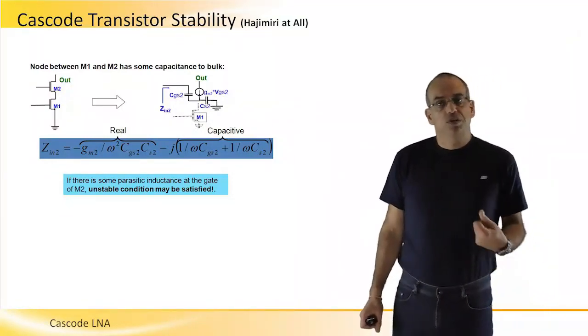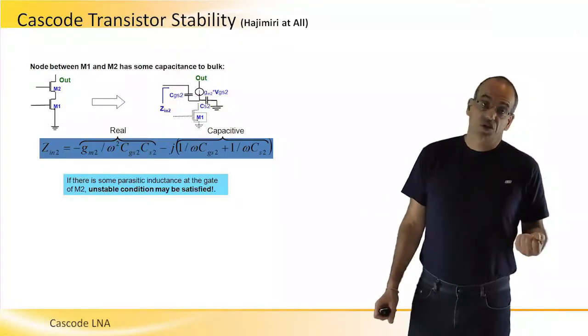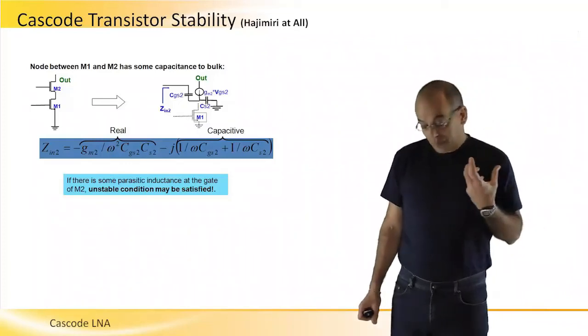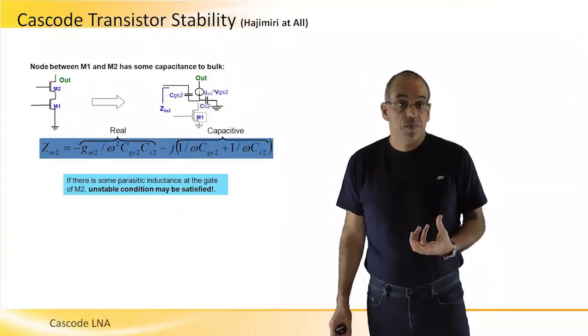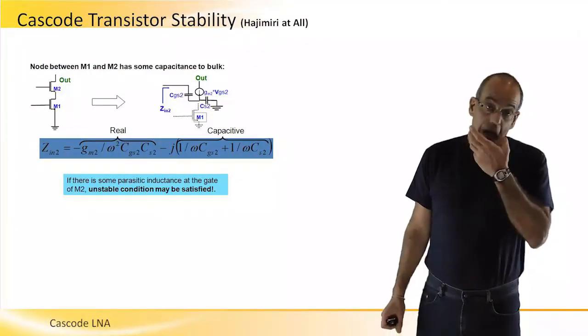But we need to understand that M2, the Cascode transistor, the current buffer, is also an active device that also needs to satisfy the stability conditions.